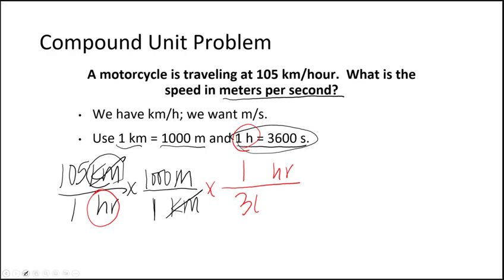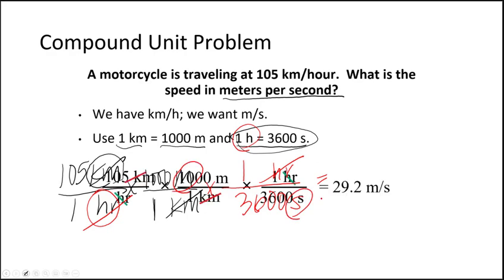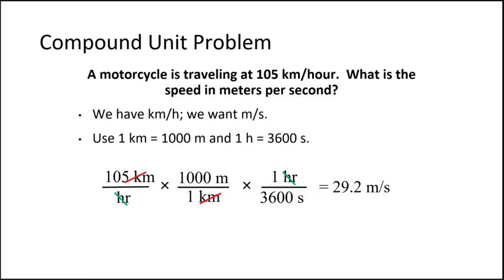Why isn't it writing? So hours and hours cancel, again, leaving me with just meters per second. And then let's get rid of my sloppy handwriting there. And we can see that we would get 29.2 meters per second.